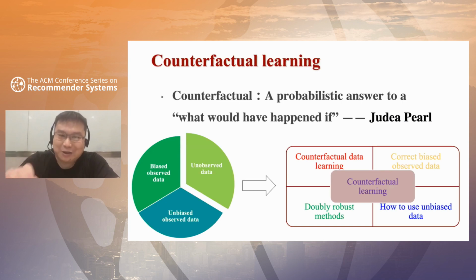Pearl defined counterfactual as a probabilistic answer to what would happen if. I will introduce four counterfactual learning technologies for recommendation systems based on 3 kinds of data: biased observed data, unbiased observed data, and unobserved data.